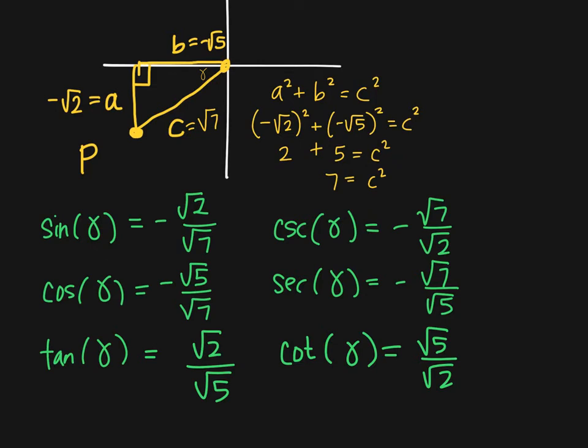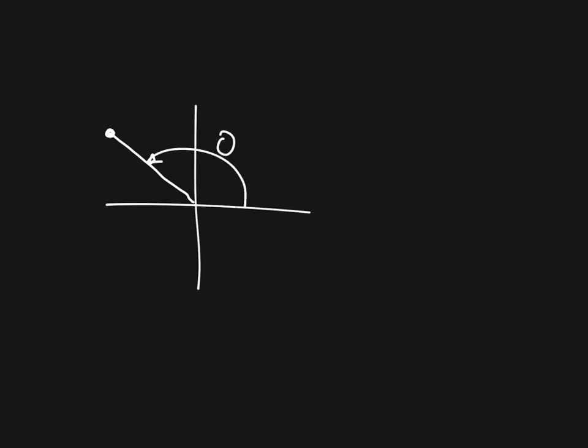Sometimes you'll see a picture that looks like this. You might see a drawing that sticks a point out here, and then they have something that looks like this, and they say theta, like that. That theta is not part of your reference triangle, because first of all, it's not in a triangle, and it's not closest to the origin.